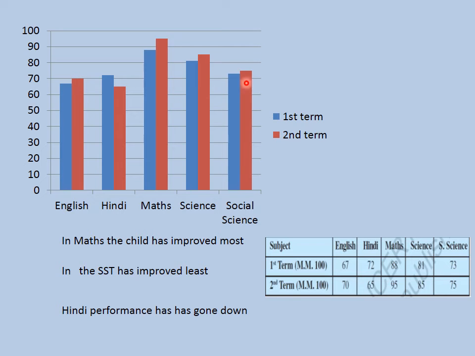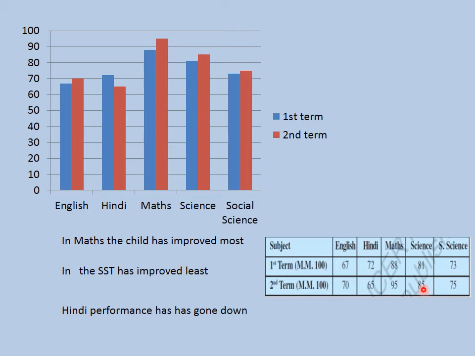But if we observe social science, we have the least difference between these two: 73, 75, only 2 marks difference. Therefore there is the least improvement in SST.